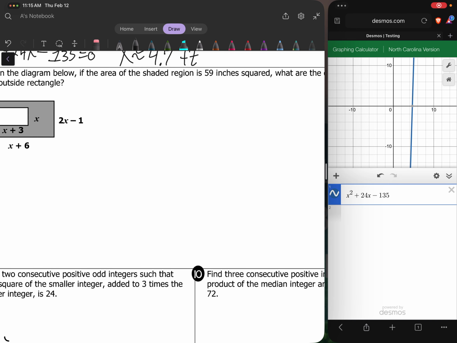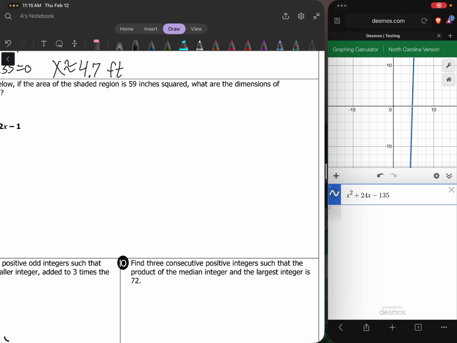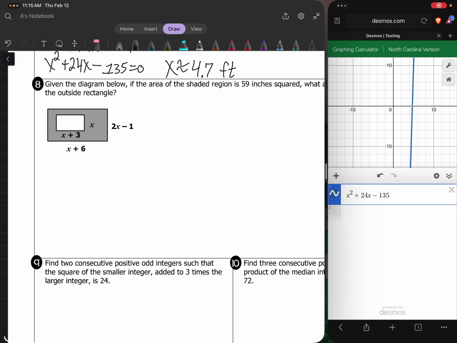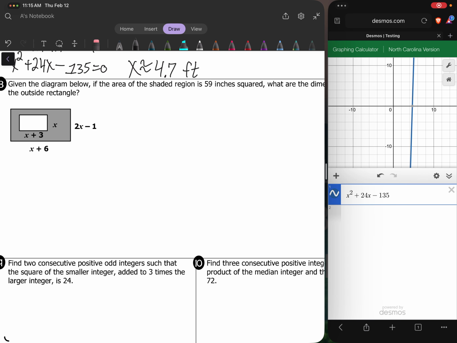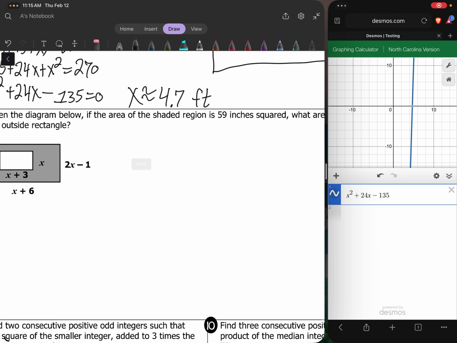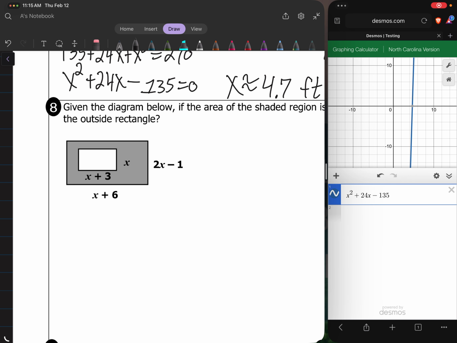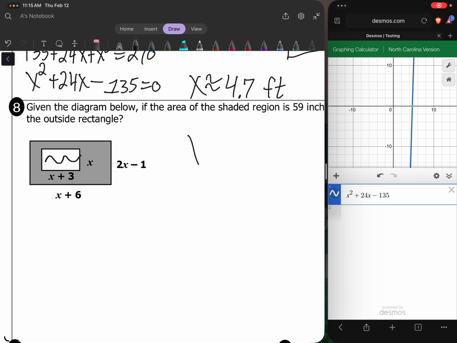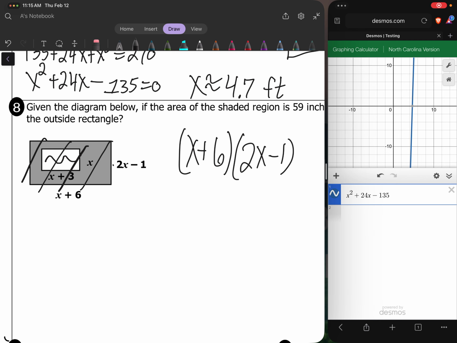Given the diagram below, if the area of the shaded region is 59 inches squared, what are the dimensions of the outside rectangle? Now I'm going to set this one up for you, and we're going to talk about it. So this shaded area is 59. I am excluding this hole. So in order to get 59, I would take x plus 6 times 2x minus 1 to get the entire area all the way through.